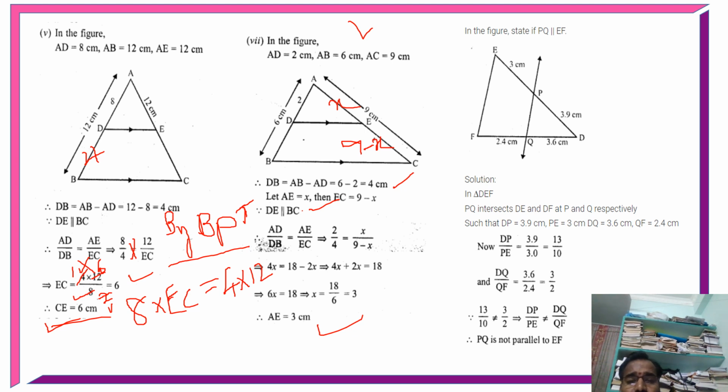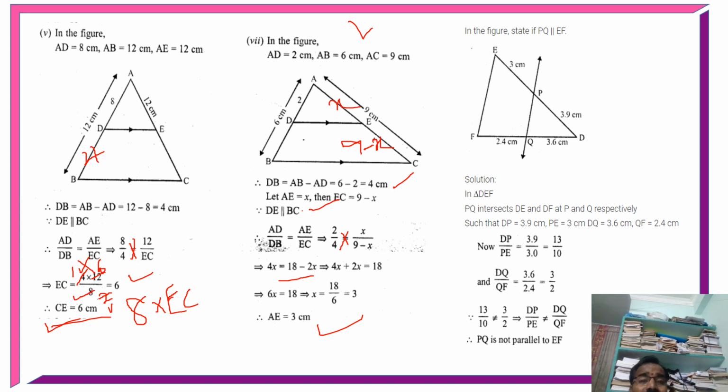2 by 4 equals x by 9 minus x. Do cross multiplication, students. Then we have 4 into x, 4x, and 2 into 9, 18, plus into minus, minus 2x. So 18 minus 2x we got, children. So after using basic proportionality theorem, we got 4x equals 18 minus 2x.